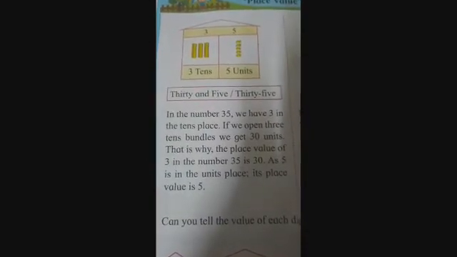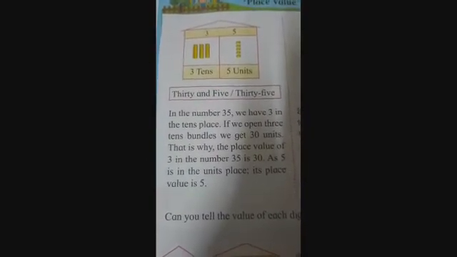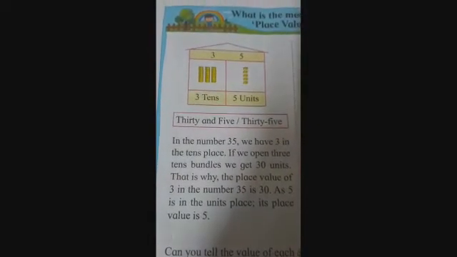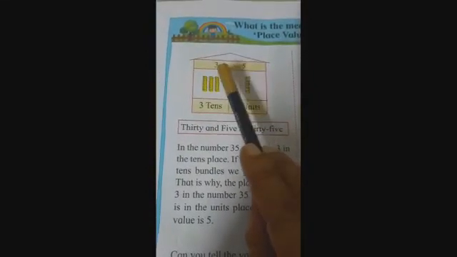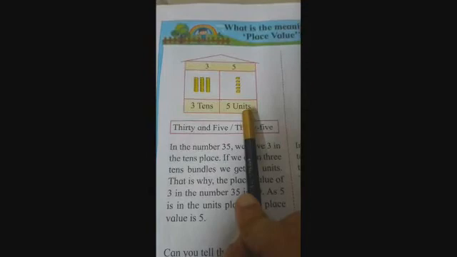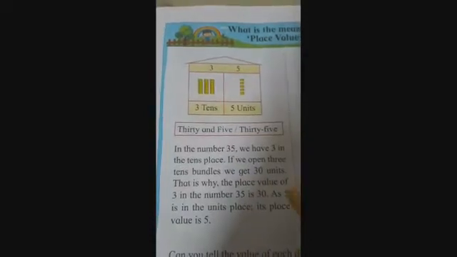Now, let us see the examples of place value from your textbook, page 15. Let us look at the first example. We have the number 35. So 3 is in the tens place and 5 is in the units place. The value of 3 in the number 35 is 30, that is 3 blocks of tens.